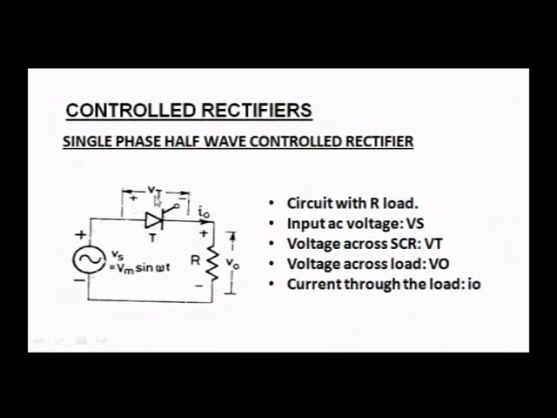Please see, Vt is the voltage across the thyristor. So, I am going to make out when the thyristor will be on and when it will be off by looking at this voltage waveform. Okay. If you remember, voltage across the thyristor will be maximum, or almost all the input AC voltage will fall across the thyristor when it is in off condition.